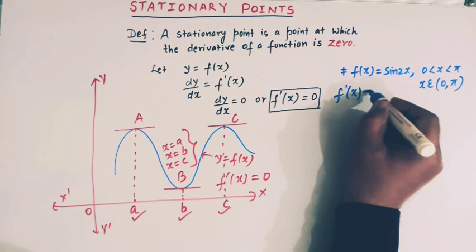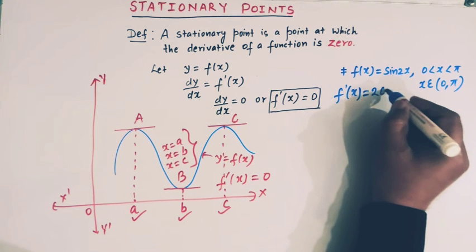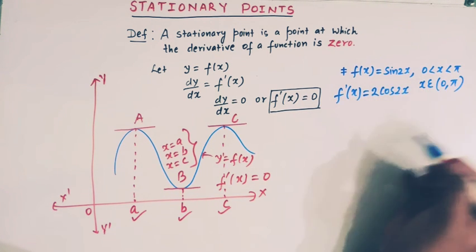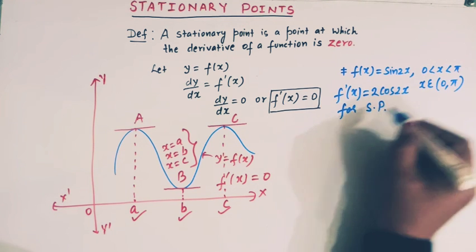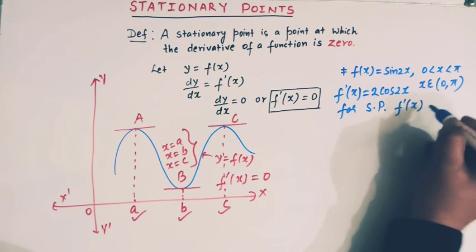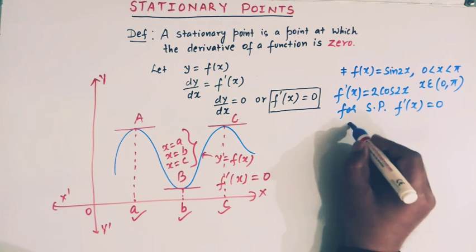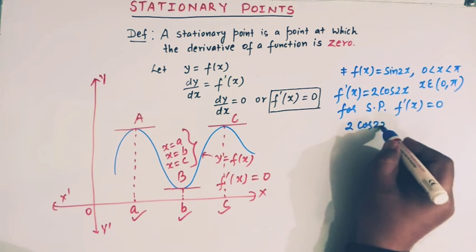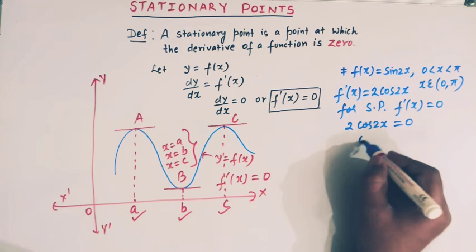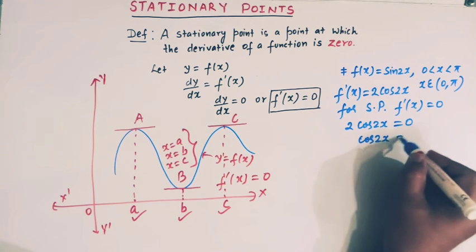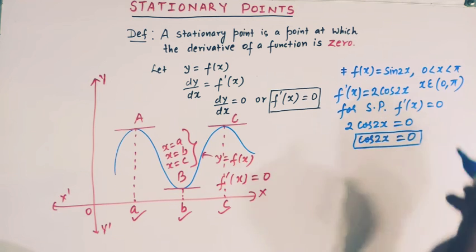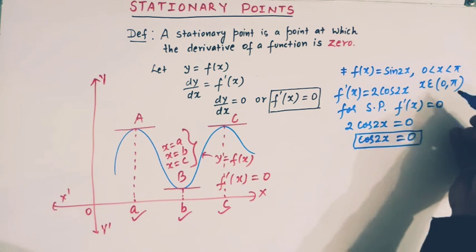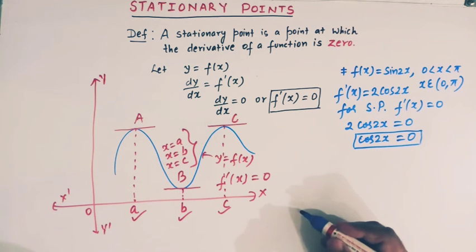So f prime of x is equal to 2 cos 2x. Now for stationary points, the derivative should be equal to 0. So we have 2 cos 2x equal to 0. So it means cos 2x is equal to 0, and now we have to solve this equation in order to find the stationary points.